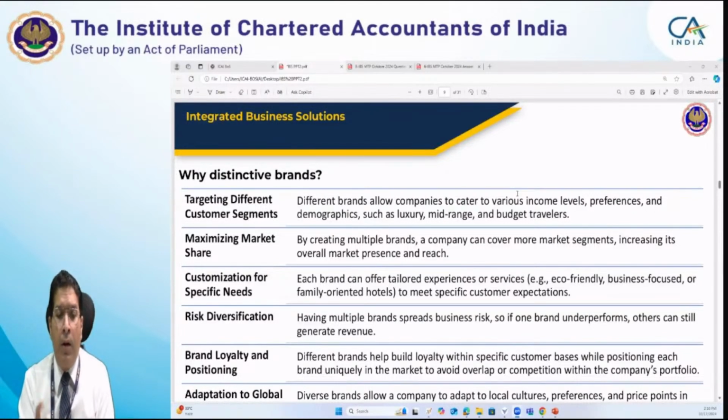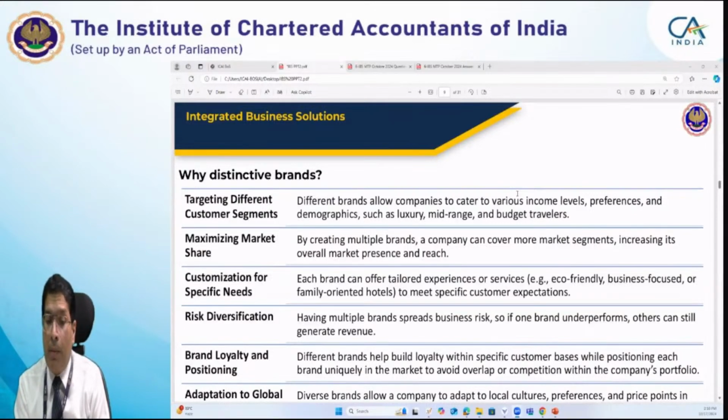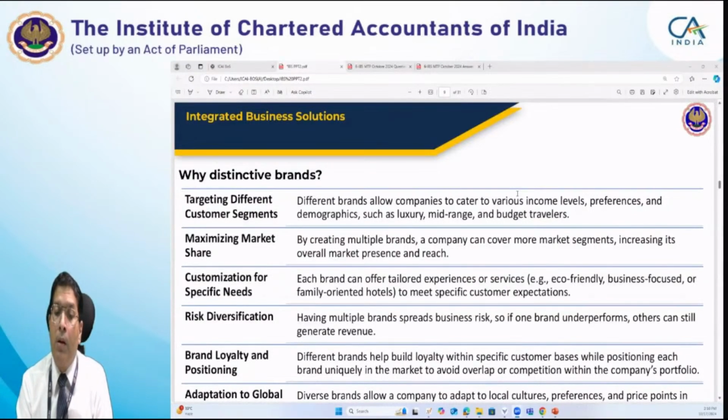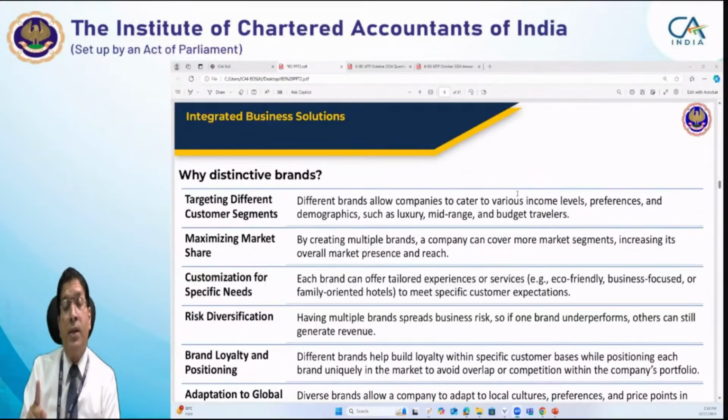Number one, it is important for targeting different customer segments. Refer to the example of Jet Airways and Jetlite. Jet Airways was for premium customers and Jetlite was for budget customers.